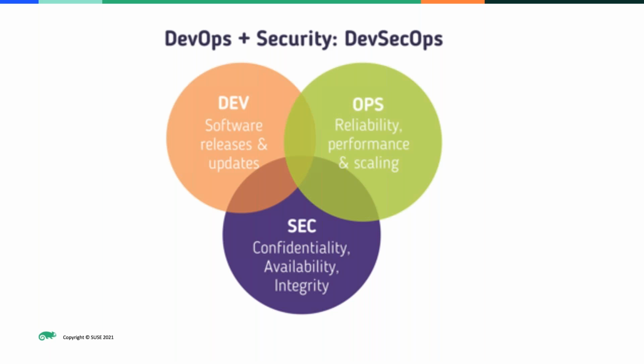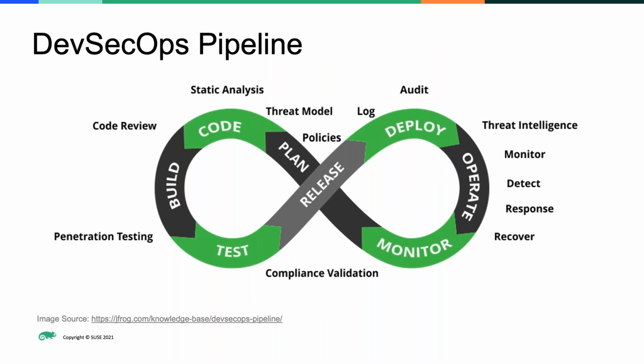Then they need to put all their practice into one single stream pipeline to help the software development from the planning level into the production level, running very seamlessly. And so you can see this is one of the pipelines that you can commonly find in the DevSecOps community.